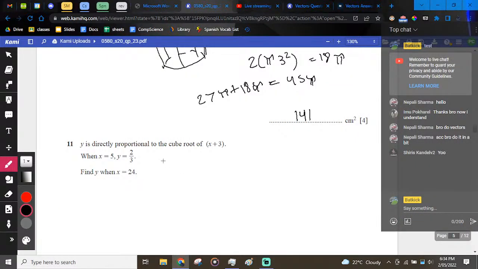Y is directly proportional to the cube root of x plus 3. Okay. Y is equal to constant times the cube root of x plus 3.